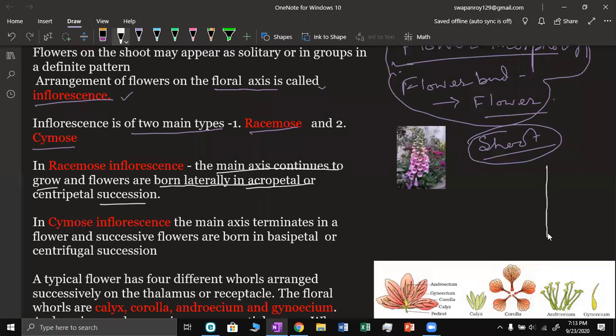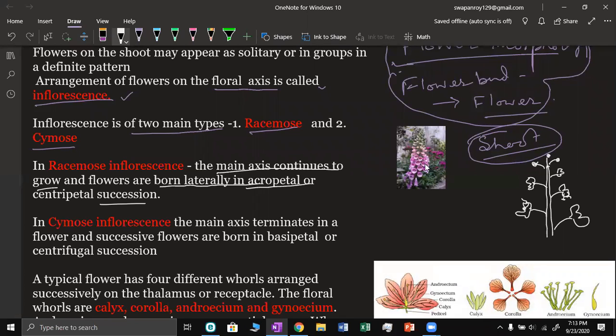The floral axis keeps on growing and gives out flowers on its lateral side. In this process, usually the flowers which appear first are older and bigger, and gradually at the tip we get the young flowers.